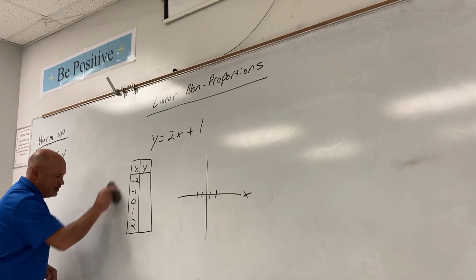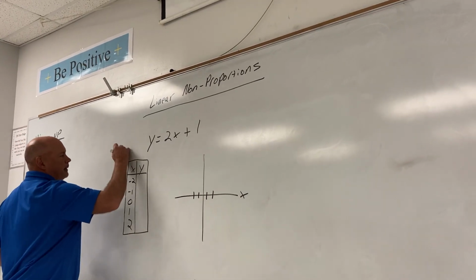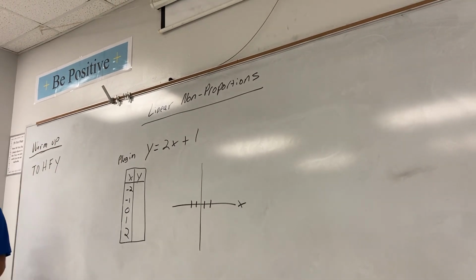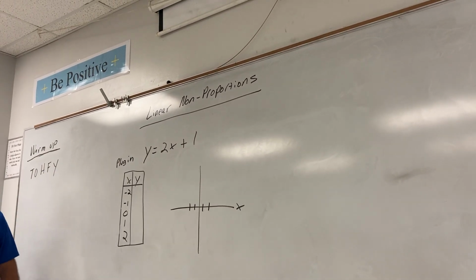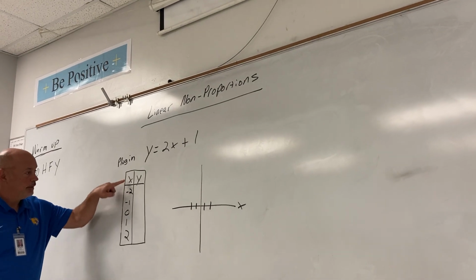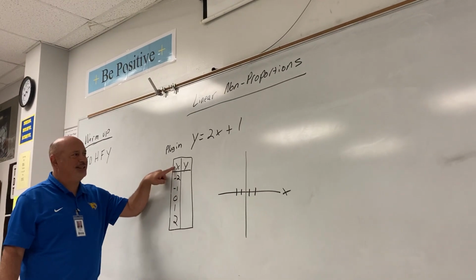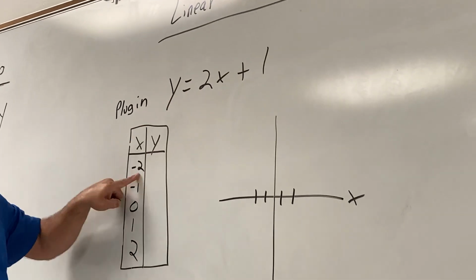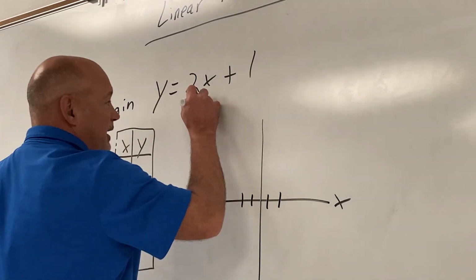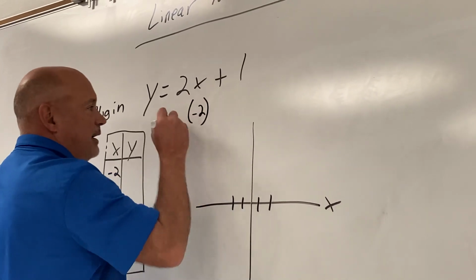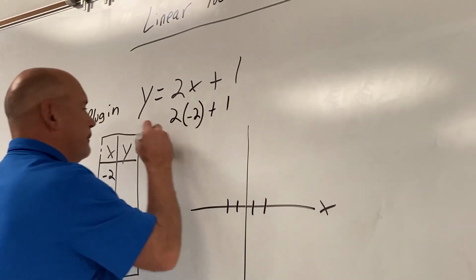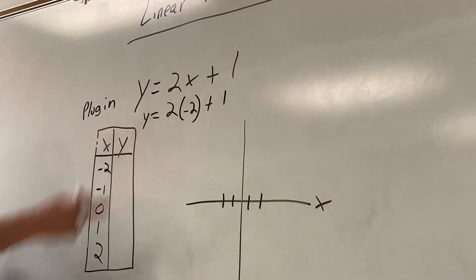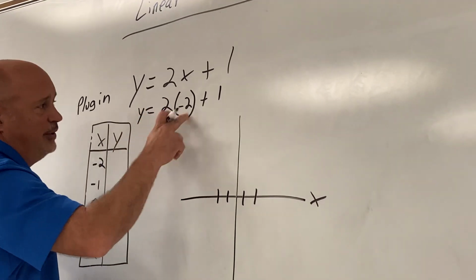Now, where are we going to plug them in? We're going to plug them into the equation where x is, because they're telling me x is -2. So let's plug in -2 right here. Pick up your calculator. Type in exactly as you see it. 2, parentheses, -2.